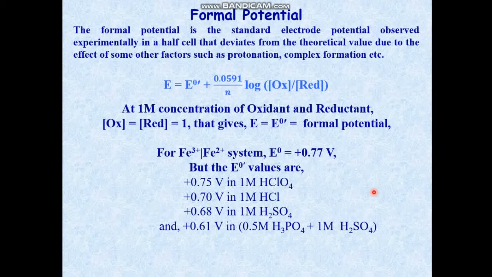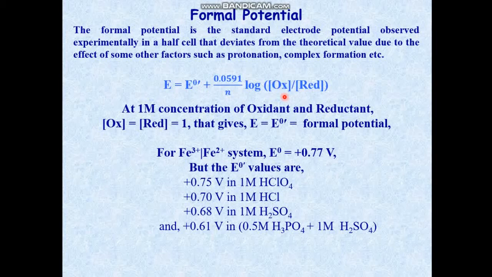So why does this take place? Let's look at this equation. The oxidant is the ferric ion and the reductant is the ferrous ion, that is, Fe3 plus concentration in the numerator and Fe2 plus concentration in the denominator. Now Fe3 plus has the tendency to form complexes. Both have the tendency, but Fe3 plus, being more positive, has more tendency to form complexes with acid radicals such as perchlorate, chloride, sulfate and phosphate. These acid radicals form complexes.